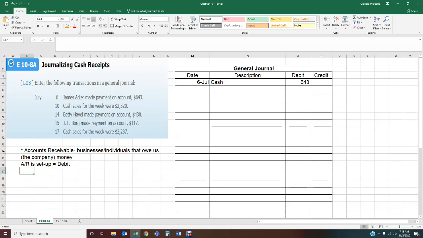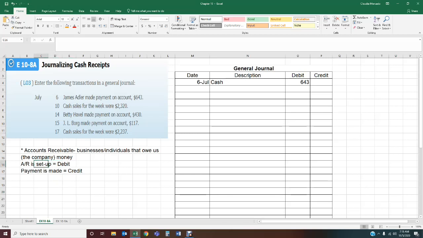When a payment is made, we credit the accounts receivable account. When the accounts receivable is initially set up, the customer purchased from us on account and will pay us at a later point in time, and we debit accounts receivable.